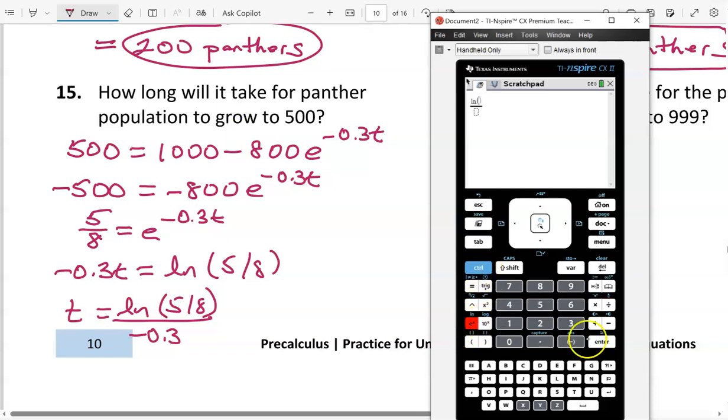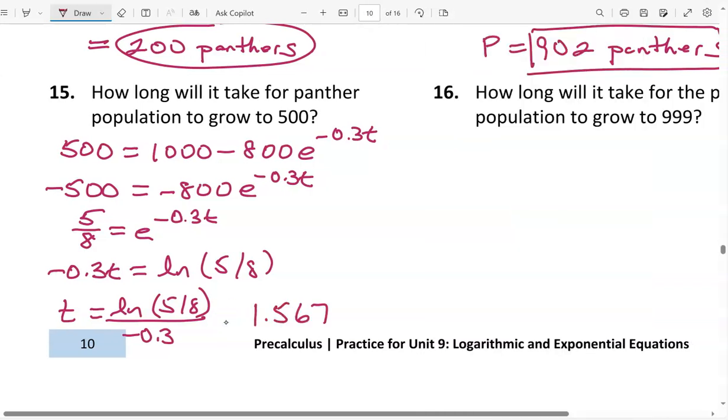The natural log of 5 divided by 8, and then divided by negative 0.3, and that gives us 1.567. I think it's safe to assume that we can round to the nearest thousandth, since this is neither money nor panthers, and so 1.567, and that would be measured in years.